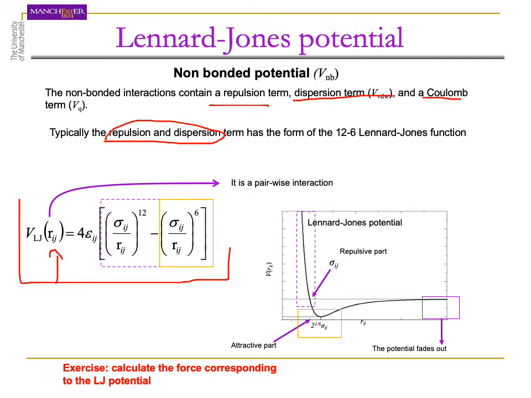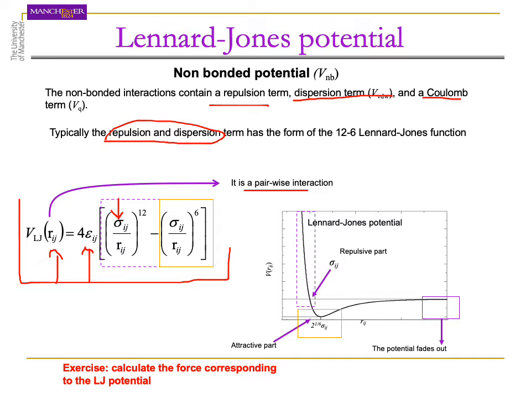That means that the Lennard-Jones potential is a pairwise potential, and it also depends on these two parameters: epsilon ij, which has units of energy and represents the strength of the Lennard-Jones potential, and sigma ij, which has units of length and describes the division of the Lennard-Jones potential between the repulsion part of the potential and the attractive part of the potential.